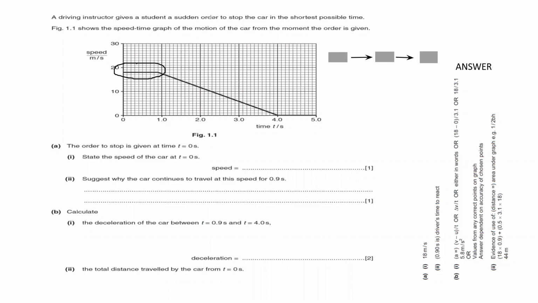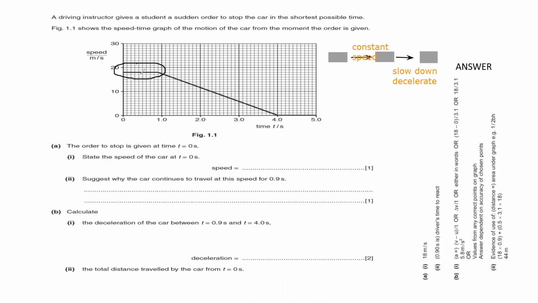So what might be a reason why the car continued to move with a constant speed for some time? And here the car slows down or decelerates the moment the student applies the brake.